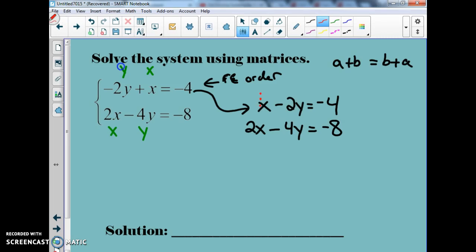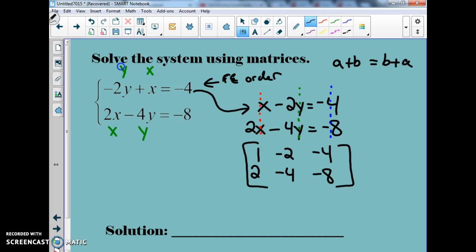We notice our x's are in the first column, our y's are in the second column, and our constants are in the third column. That means the matrix I'm going to enter is going to be 1, negative 2, and negative 4, 2, negative 4, and negative 8.